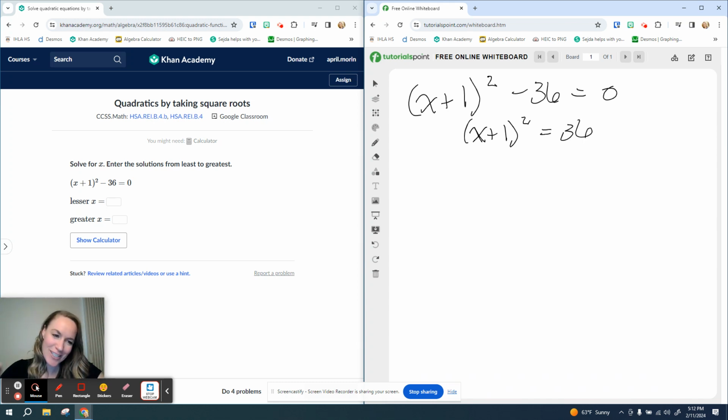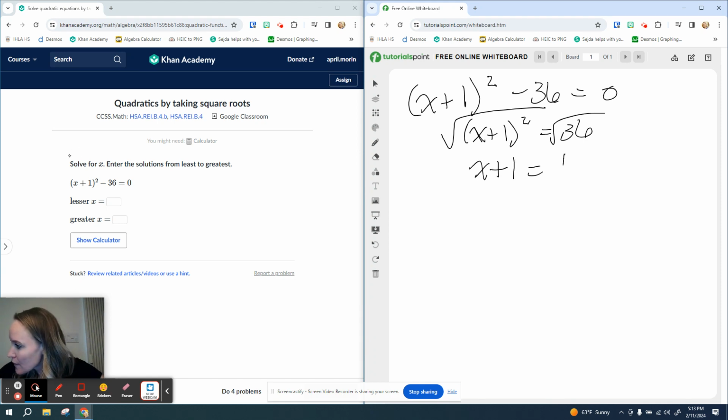I noticed that 36 is a square. It doesn't make our steps any different, but it's something to notice. I can square root both sides from here because I have a square here and a square here. X plus 1 squared, square rooted, is x plus 1, and then plus and minus 6.